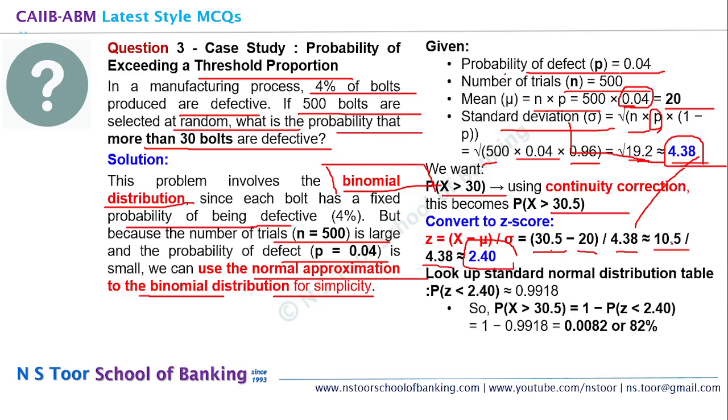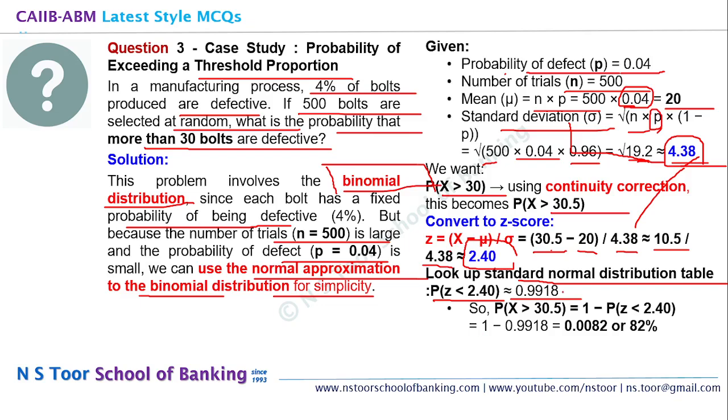If you wish, you can check this calculation. Now we have to find out that P of Z less than 2.40 as per standard normal distribution table. This is 0.9918. So P when x is greater than 30.5 is equal to 1 minus P of Z less than 2.40.